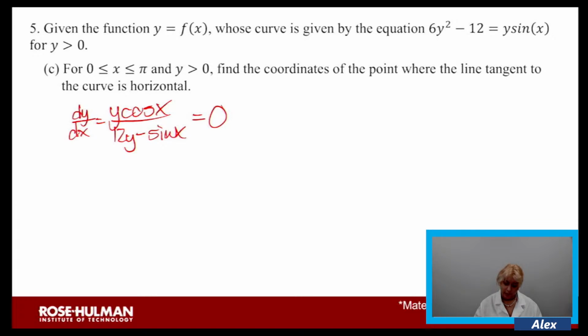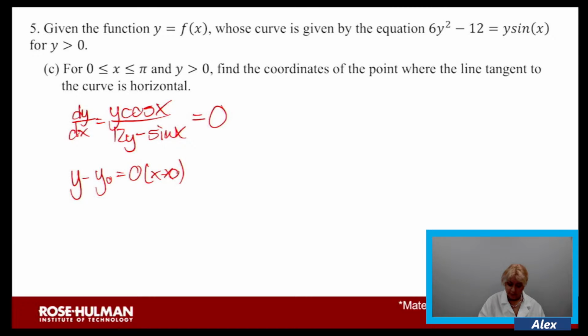And we want to find the coordinates that satisfy that line. So we want to find our y naught and our x naught.